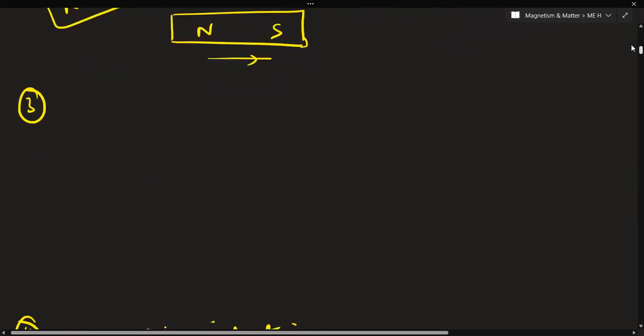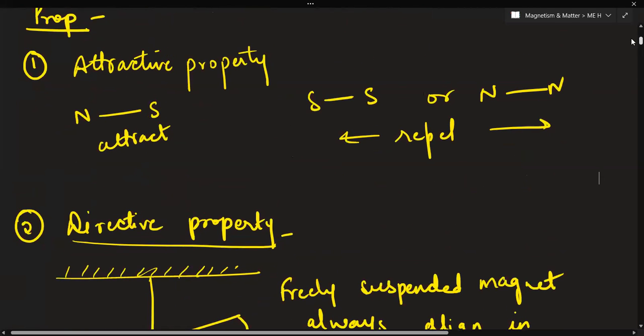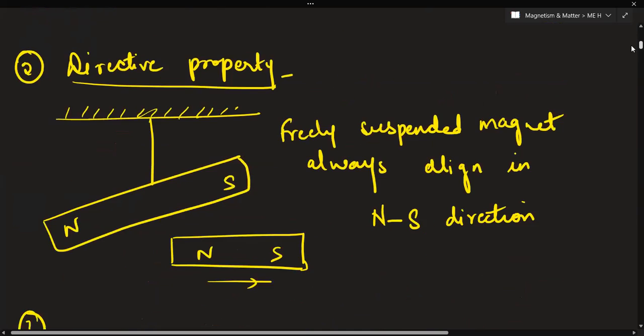Fine, class? So the first property was the attractive property, the second the directive property.